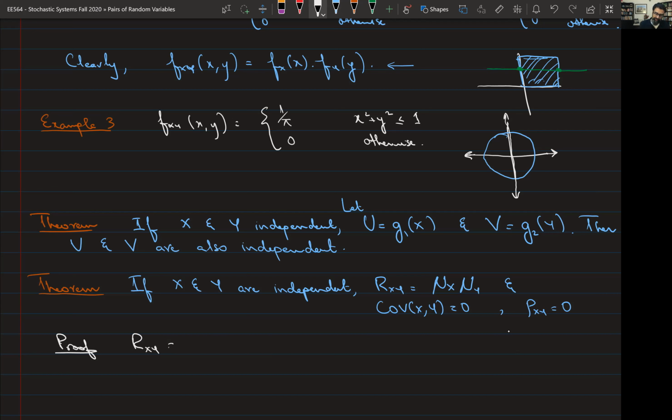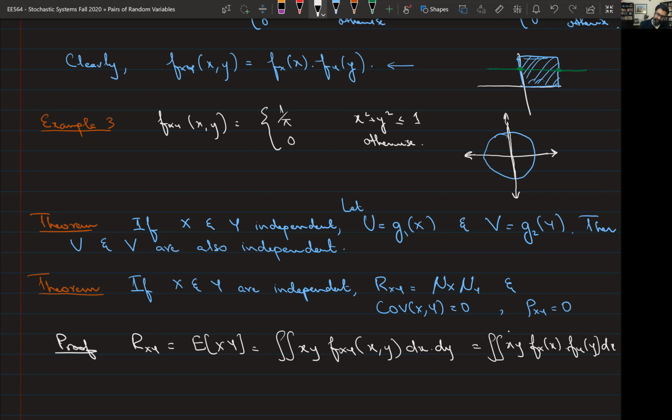Rxy, remember, is defined as the expected value of xy. So this is the double integral of xy fxy dx dy. But since they are statistically independent, this is fx of x times fy of y. The joint PDF is equal to the product of the marginal PDFs. And now the integrals are separable. I can separate them out. This is equal to the integral of x fx of x dx times the integral of y fy of y dy.